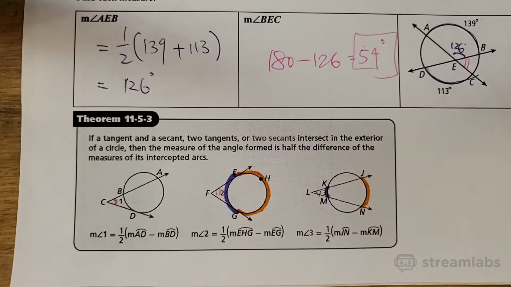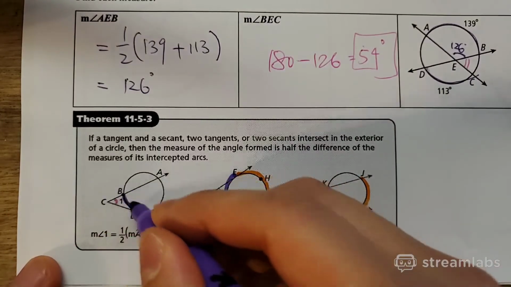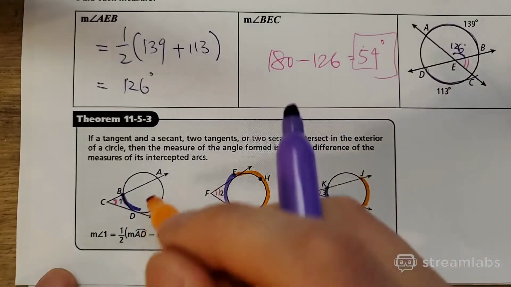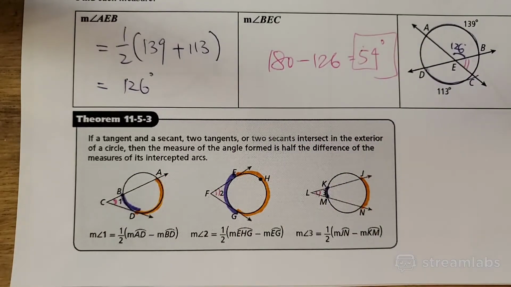These are the two arcs that are related. Finally, for this one, this is half and half. You got a tangent and a secant. So that's like these two. This is how the arc is cut.